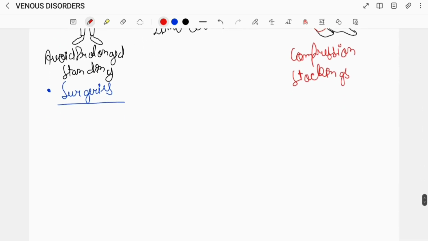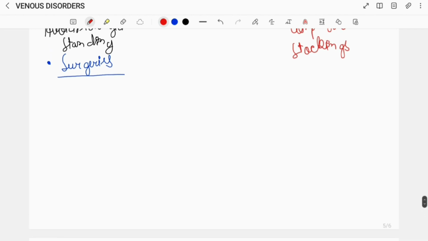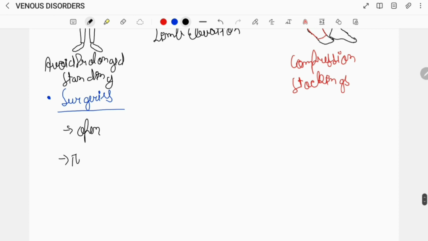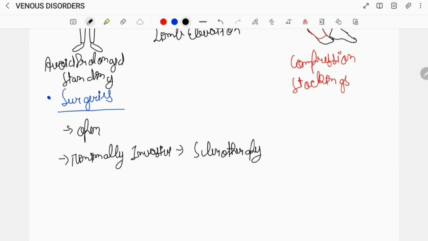Even after the conservative management, if there is no improvement, we may go for surgeries. These surgeries can be open surgeries or minimally invasive surgeries, which include sclerotherapy, or you can also go for endovascular ablation therapy.